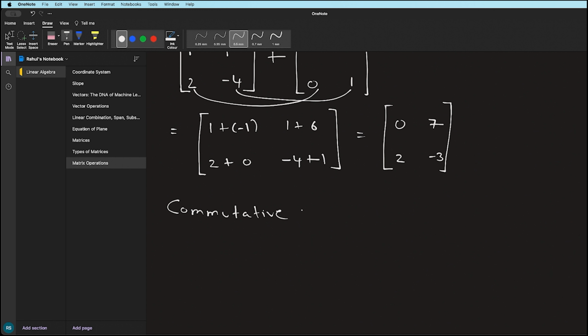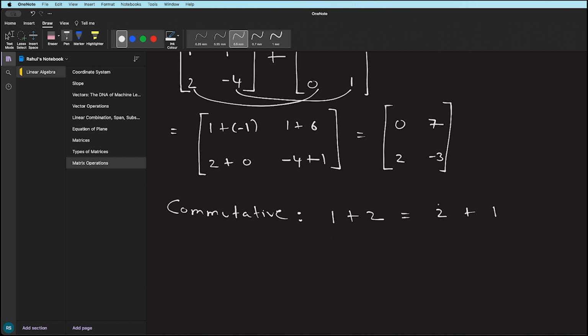Commutative means when we add real numbers, 1 plus 2 is equal to 2 plus 1. This means we change the position of the numbers on the right-hand side.